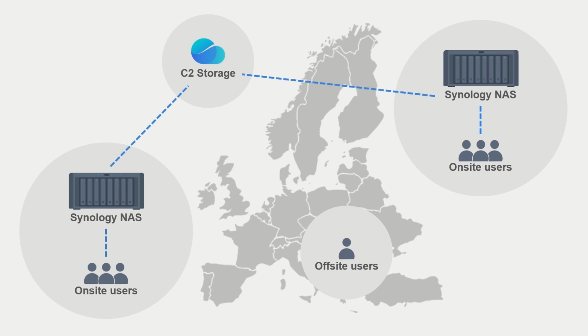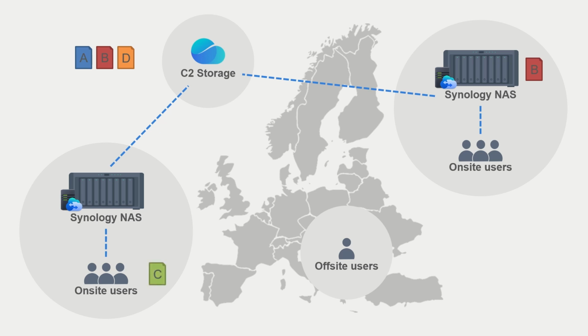Now, the on-site users are going to be mainly interacting with the local cache via Hybrid Share folder. What this local cache is, it's a repository of data on the local NAS that represents the most frequently accessed data at that specific site. And what that means is that each NAS at each location can have a unique pool of data inside their local cache that they happen to access most frequently.